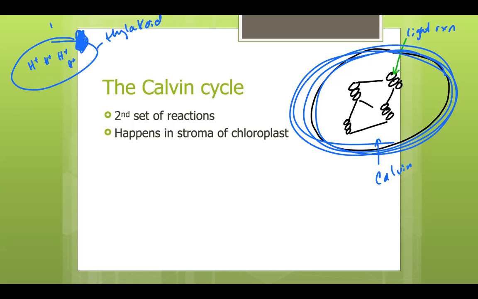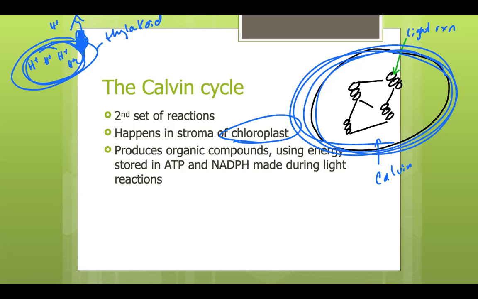And because there's a low amount of hydrogen outside, all of these hydrogen ions want to diffuse through ATP synthase. And that's what drives the chemical reactions to combine ADP and a phosphate together. So you've got membranes within membranes within membranes, all of which you are using to create concentration gradients for different types of reactions. And ultimately, you're still inside the one organelle, which is the chloroplast. And that's why the structure is so important.